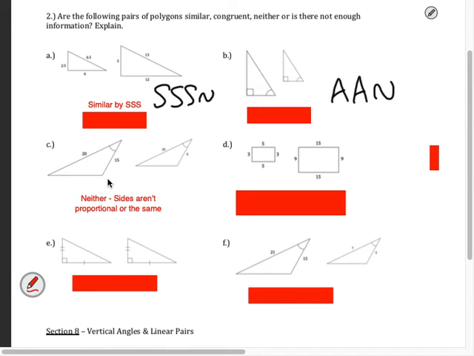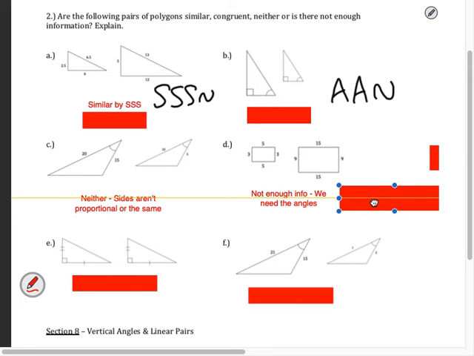Those fractions would not equal each other if you line them up. D, 5 to 15, 3 to 9. These sides are proportional, however, there's not enough information. NEI. When you have a quadrilateral, you must have angles.